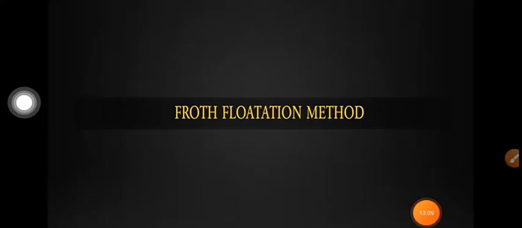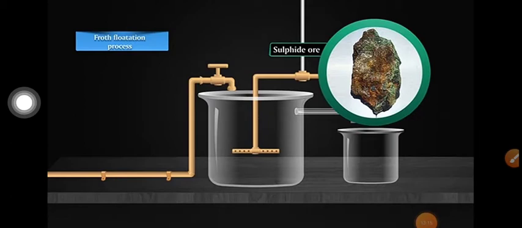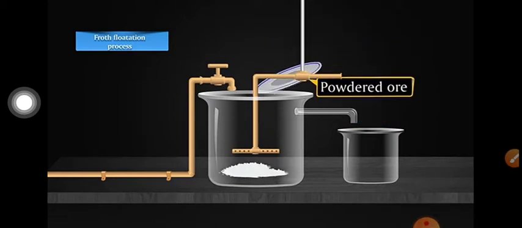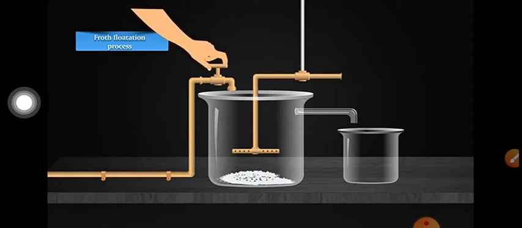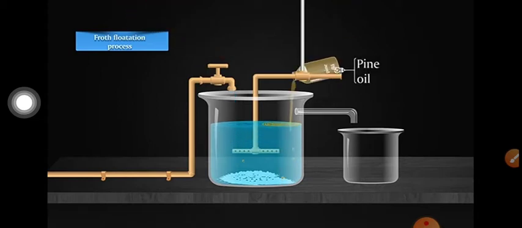So here is the froth flotation method. In this method, you can observe that sulfide ore, this powdered ore, we are adding in the container, and we are adding water with the help of the tap. Now next, pine oil we are adding to it. Now we are applying pressurized air with the help of this pipe.